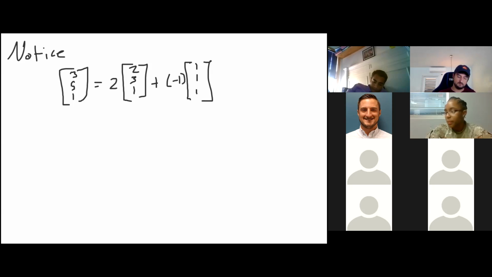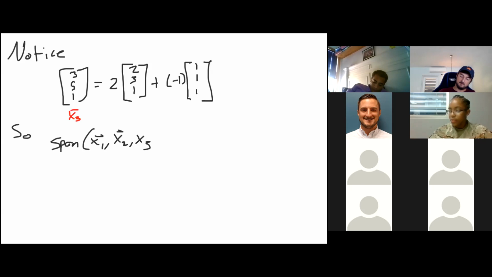So we get two things. Anything in the span of those three vectors, which we refer to as x1, x2, and x3, and if you don't remember, that is absolutely fine, I'll write them in red underneath.